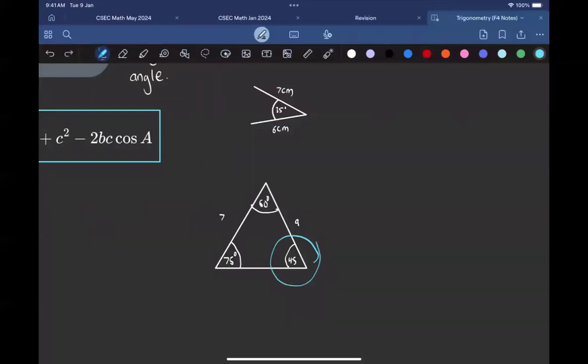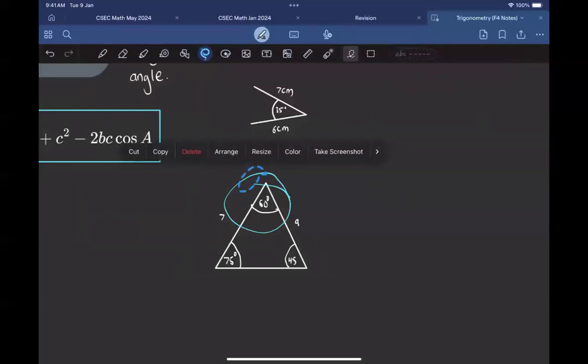So is this included? Rihanna, is the 60 degrees included? Why is it included? Because you know the length of the two corresponding sides, don't we? Yeah.